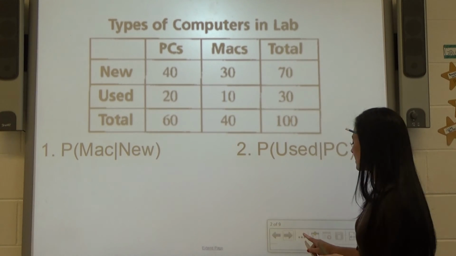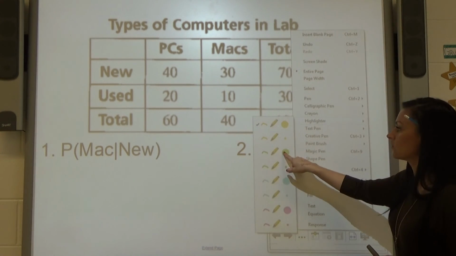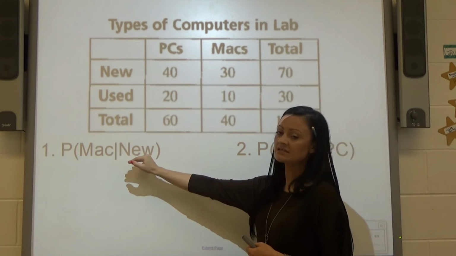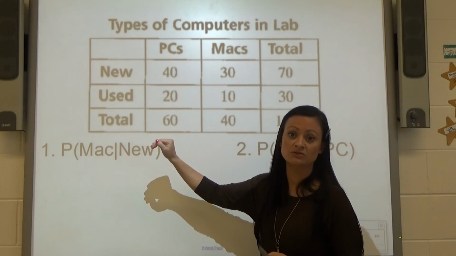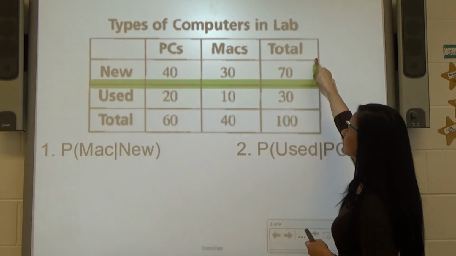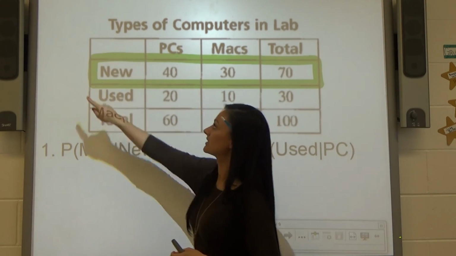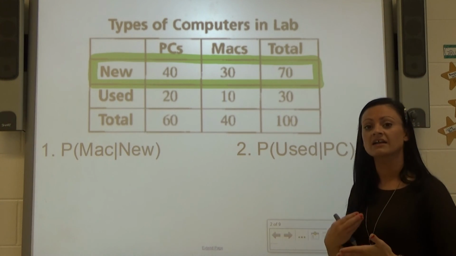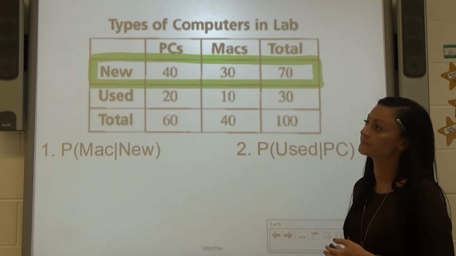So the first thing that I need to figure out is what I should actually be looking at in general. Because I've been given that the computer is new, the only piece of the table that I'm going to look at is the new row, because I know that that is absolutely true.